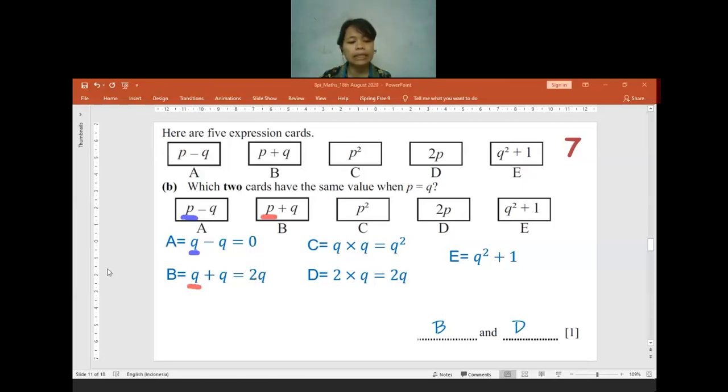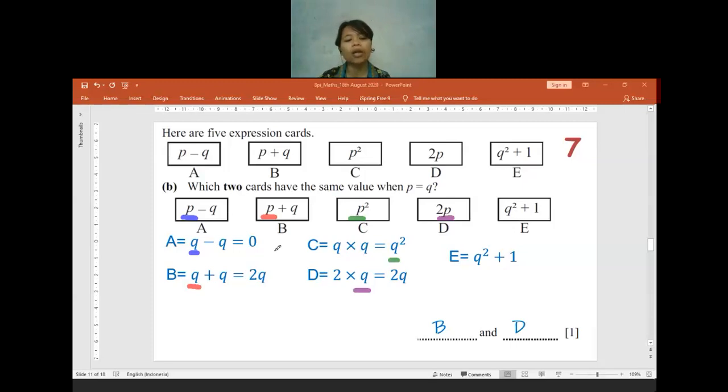For card C, I replace P with Q. From P square, it will be Q square. For card D, I replace P with Q again. So 2 times P becomes 2 times Q, which equals 2Q. For card E, it's already given in Q, so I will let it be as Q square plus 1.